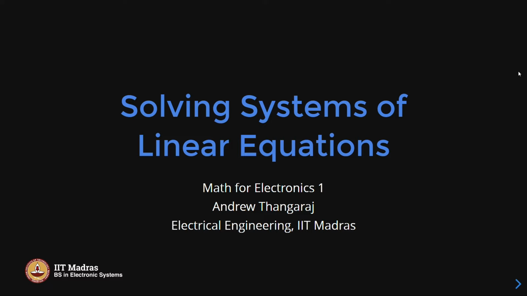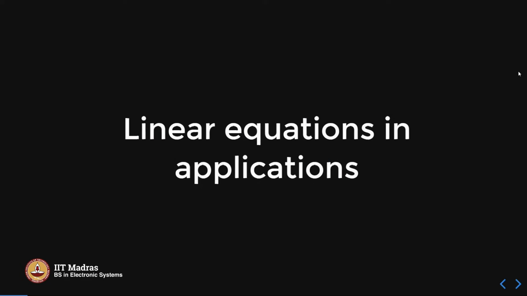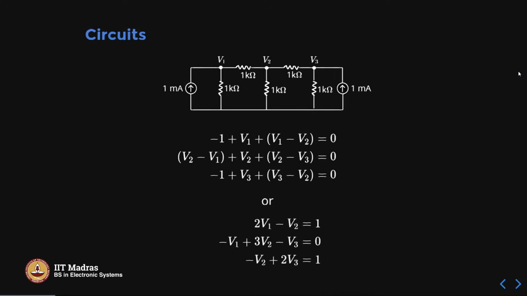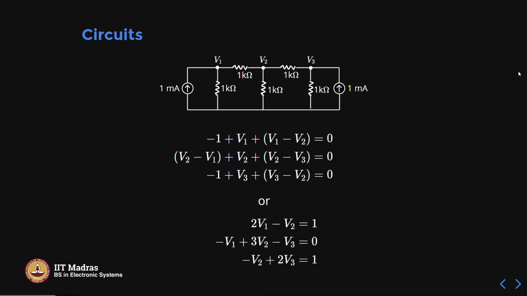Given that we're studying electronic systems, we'll begin with the first one, which is circuits. If you look at a typical circuit like this, which has two current sources of 1 milliampere feeding a simple network of resistors, one can solve for the currents and voltages across all the resistors by writing out what are called node equations.